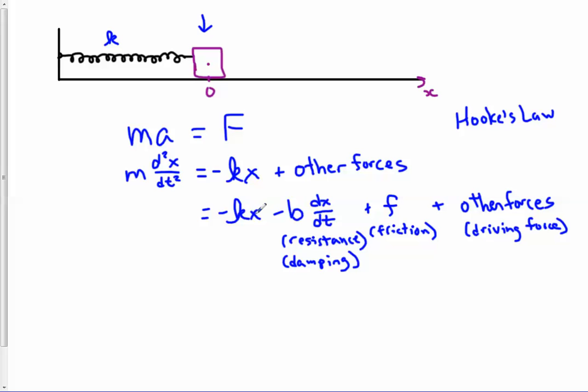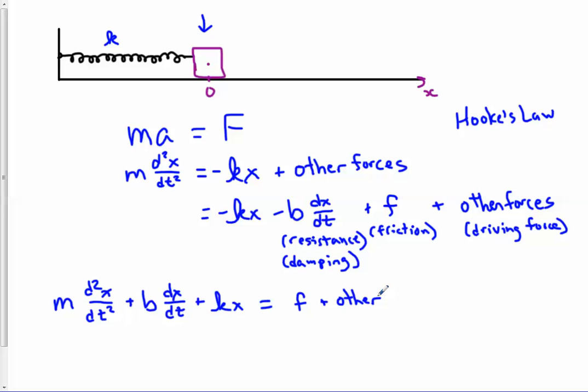Now the first two that involve x and the first derivative of x, I'm going to bring to the other side. Okay, so yeah, all the x stuff is on the left-hand side, and then we have this other stuff which would either be constants or would be time dependent.